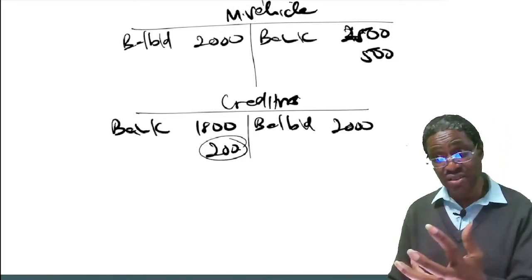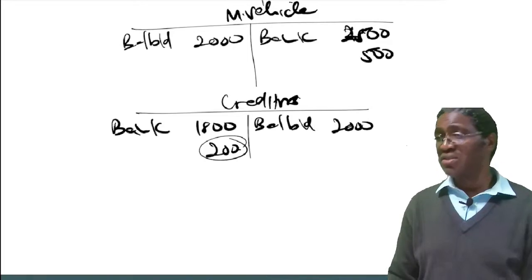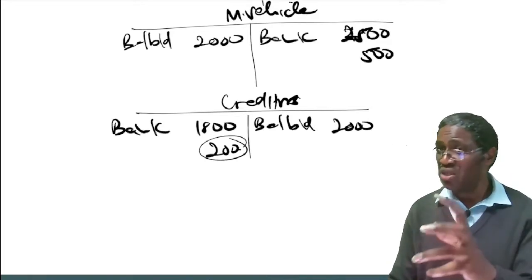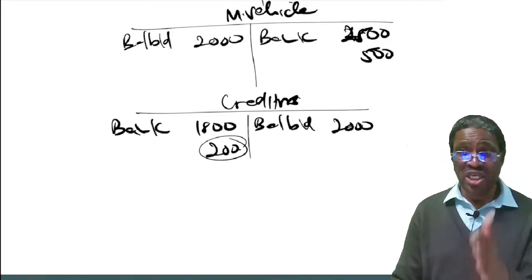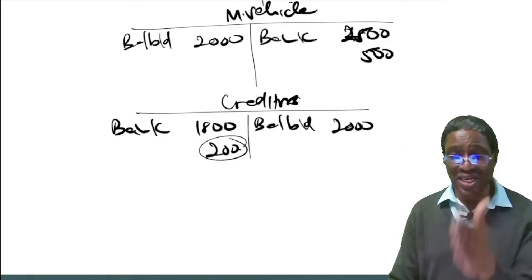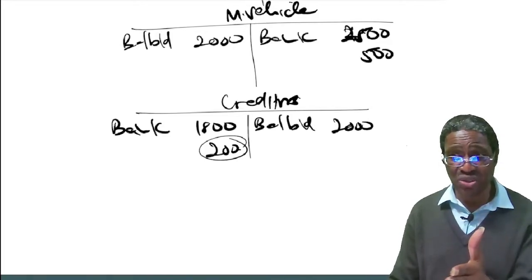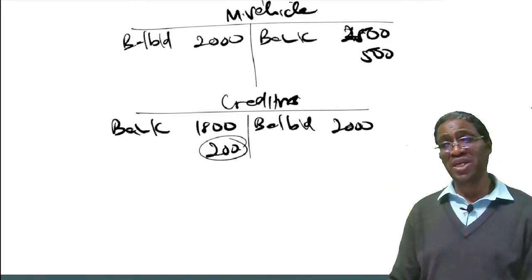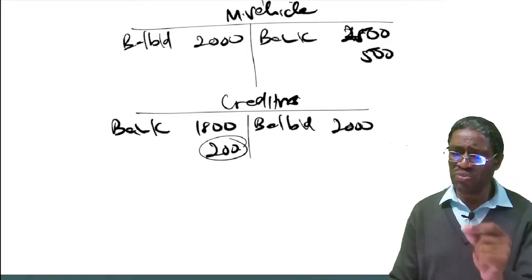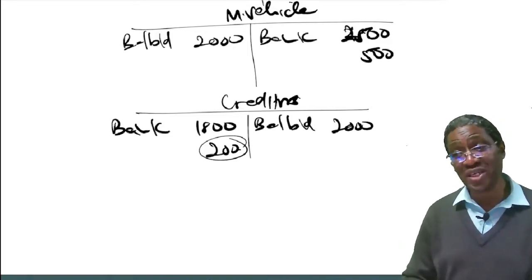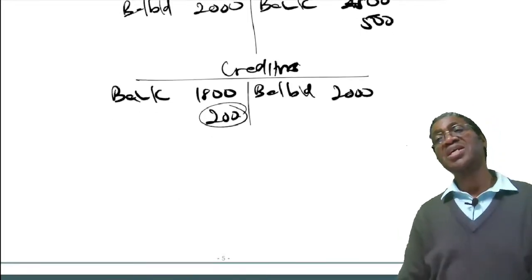It's a gain. Listen, we are not running a normal business, so I can't take it to the P&L. If we were running a normal business, that gain of 200, which is discount received, I would have taken to the P&L. But because we are not running a normal business, I will take it to the operating account, which we are calling realization.